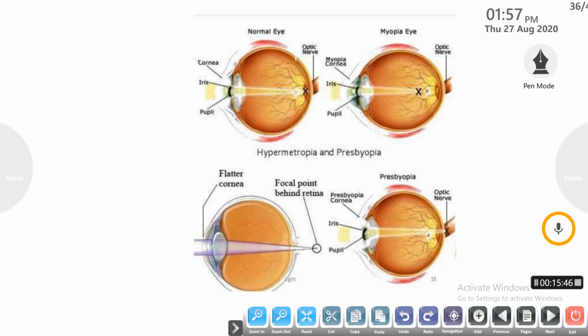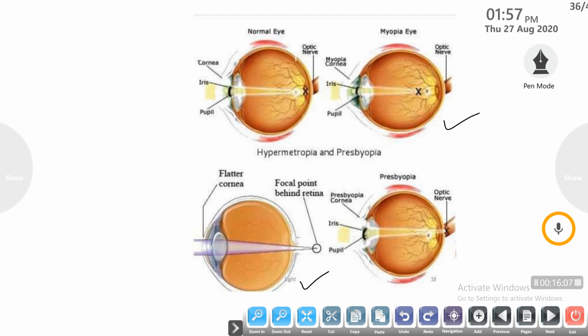Like you can see in the picture, in case of myopia, the image is formed in front of the retina. But in case of hypermetropia, the image formation takes place behind the retina.